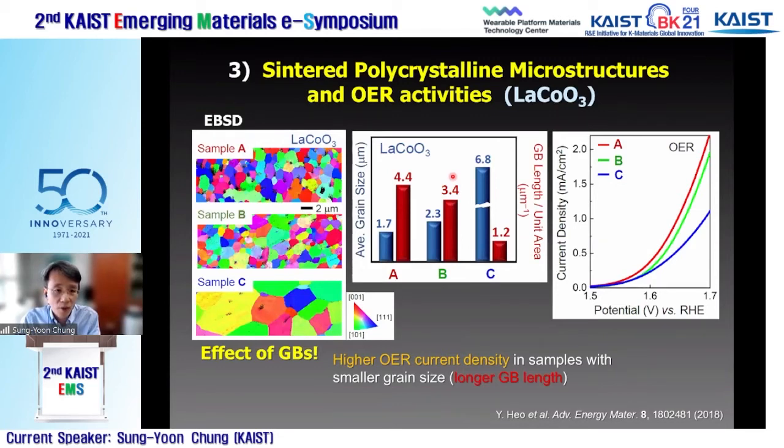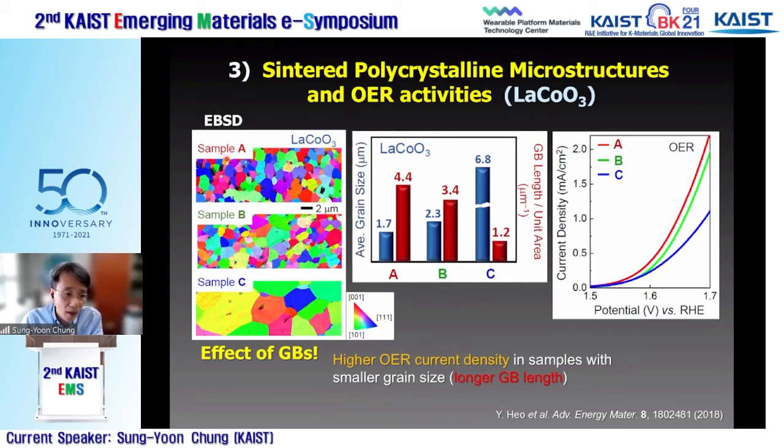The second example is the grain boundary, because the grain boundary is a well-known symmetry-broken atomic site, right? So we examine the effectiveness of the grain boundary. We prepared polycrystalline samples by sintering the powder.